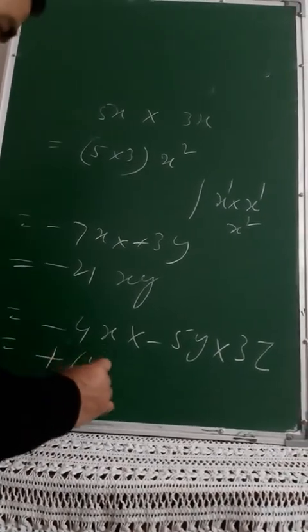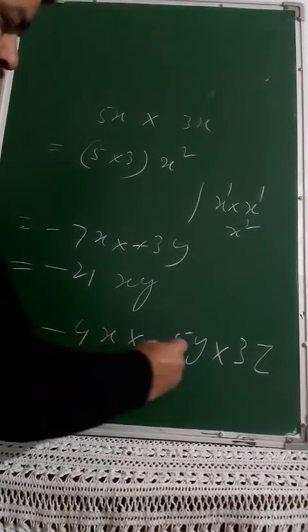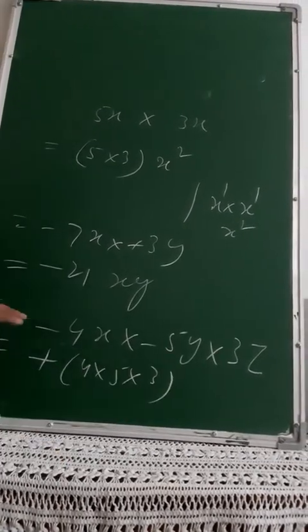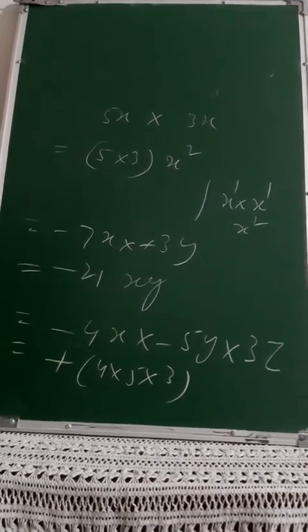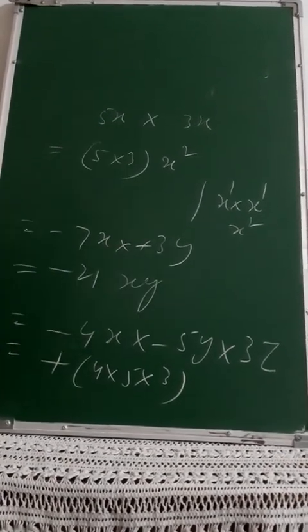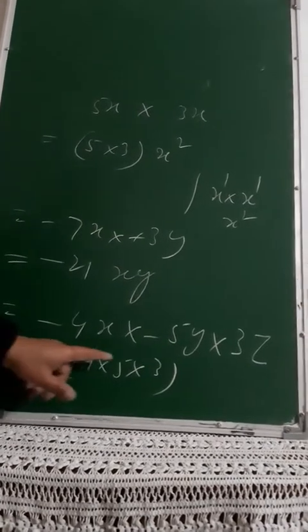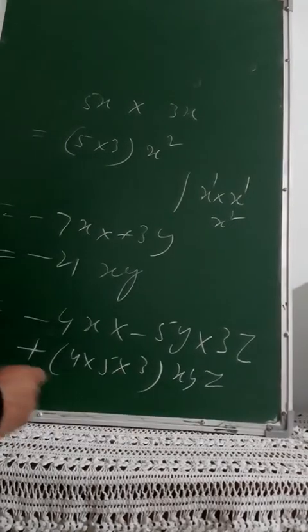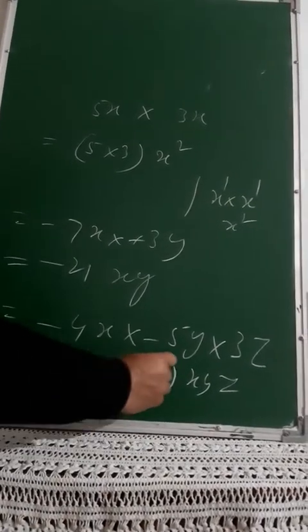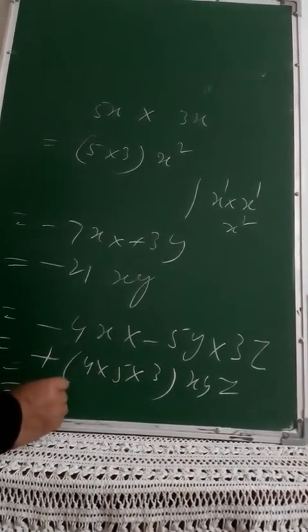Then you write all these terms for all these coefficients together. So then 4 into 5 into 3 and x into y into z will make it xyz. So that is 4 into 5 is 20 into 3. So I will be getting 60xyz.